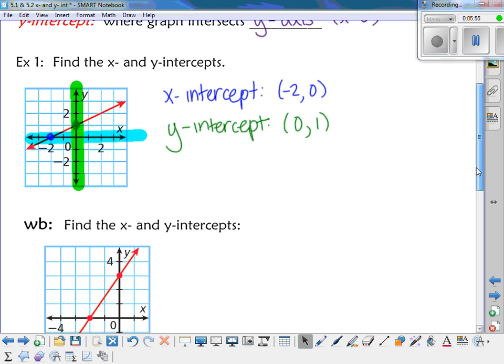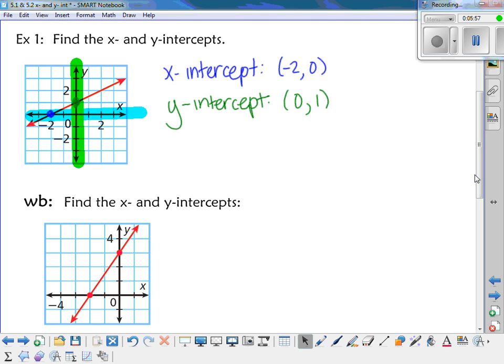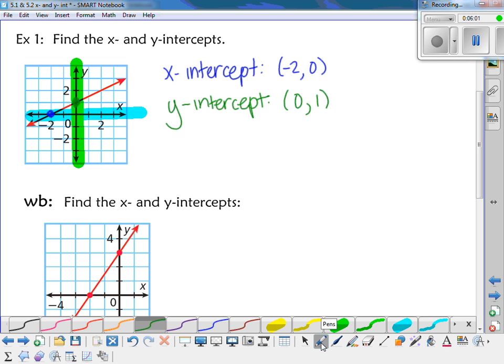Okay, so when you're done writing that one, you can get your whiteboards out, and I want to know the x-intercept and the y-intercept, and again, I want you guys to write it as an ordered pair.